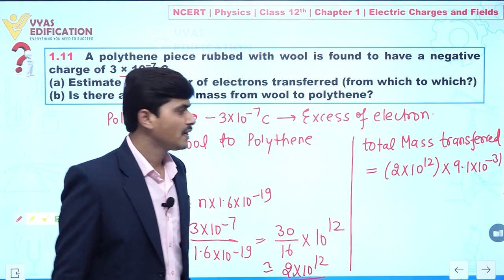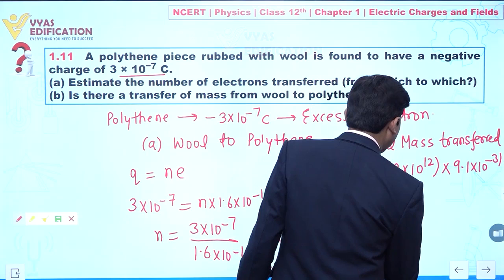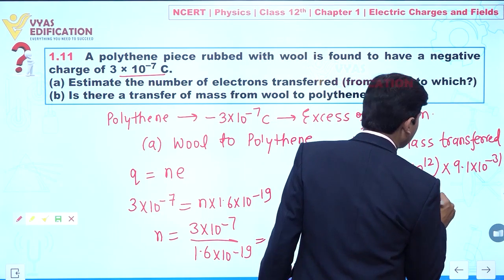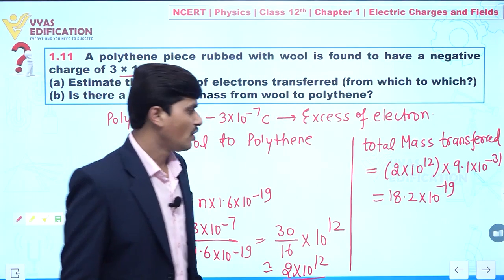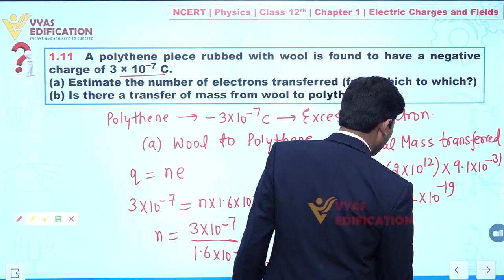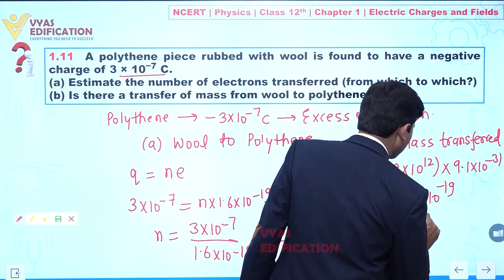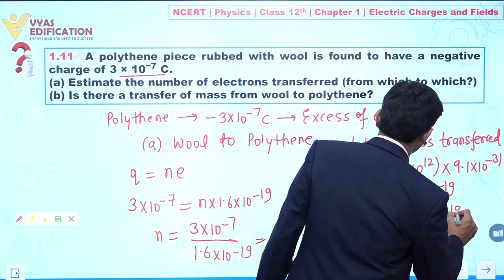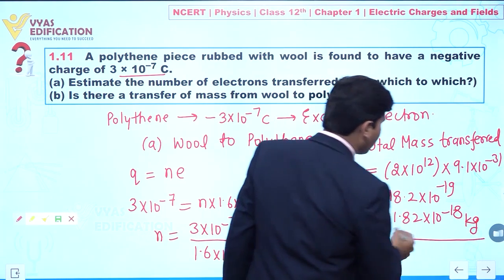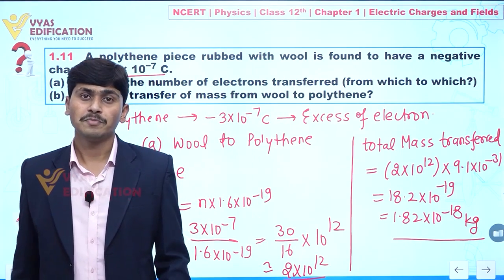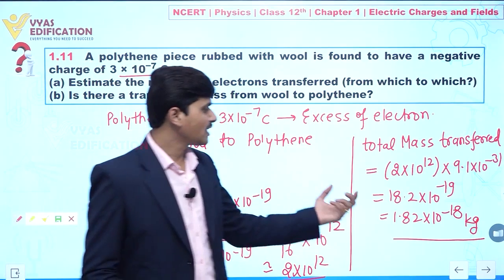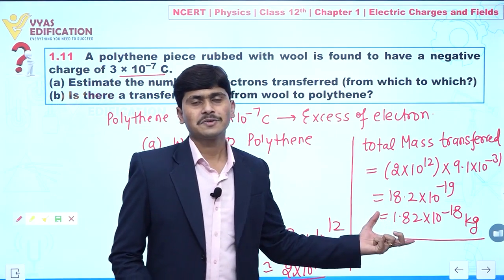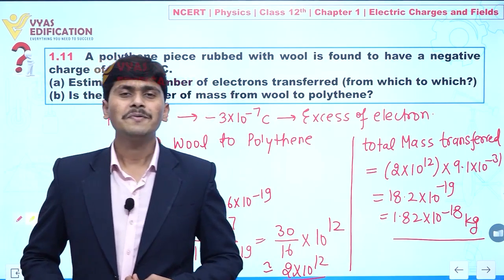So the total mass transferred is 18.2 into 10 to the power minus 19, or 1.82 into 10 to the power minus 18 kilogram. Although this mass is very small, because electrons are transferring from wool to polythene, there should definitely be some mass transfer also. So this is all about this question.